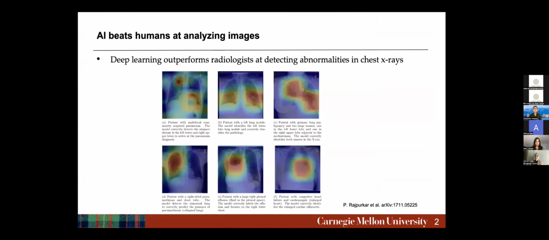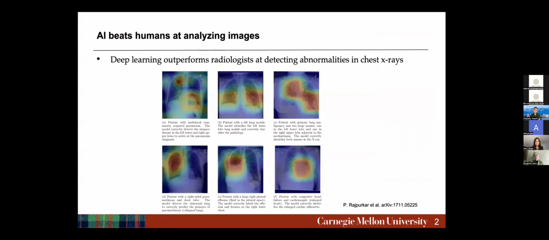We know very well by now that with deep learning methods, AI systems are sometimes able to beat humans at various tasks, not the least of which is in analyzing images.